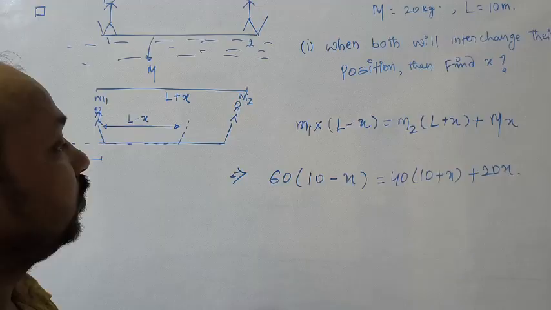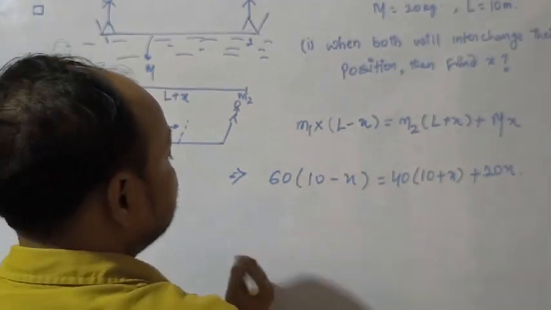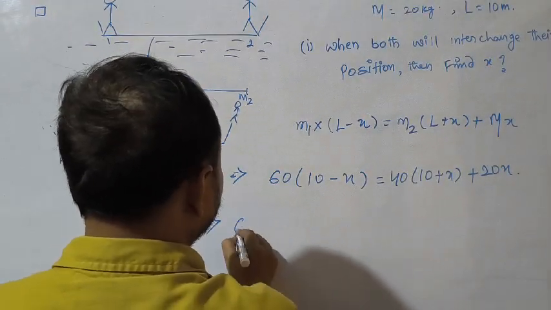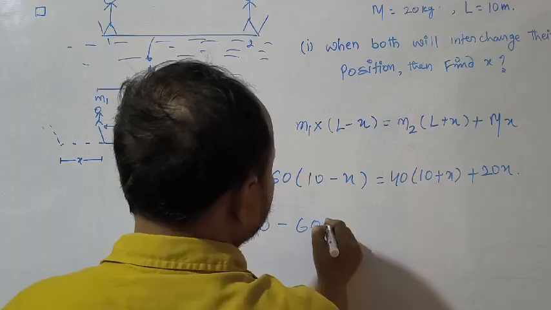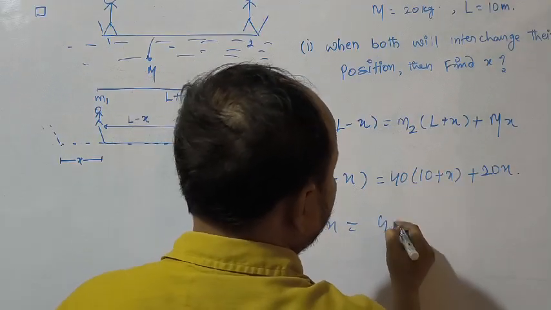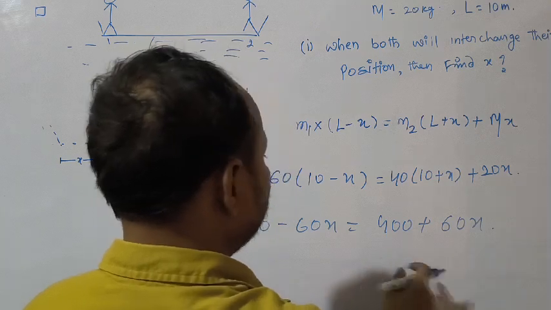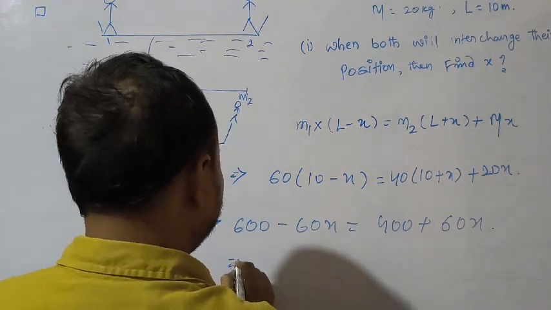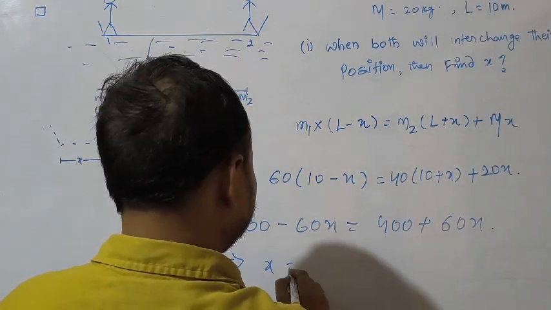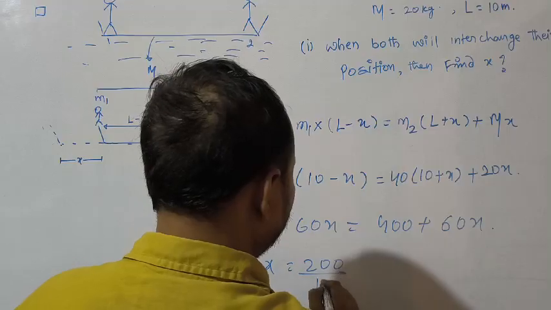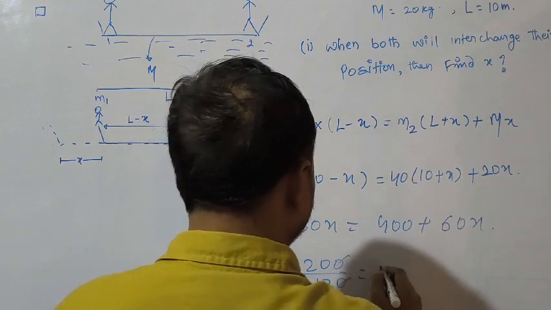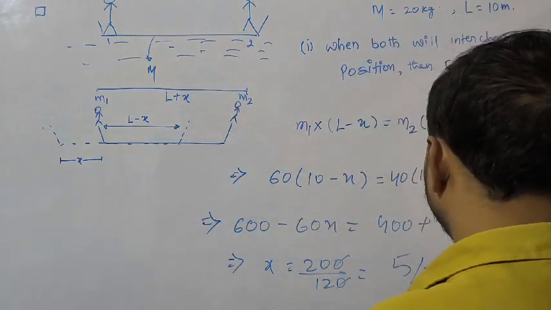Now evaluating, 600 minus 60x is equal to 400 plus 60x. So 60 plus 60 is 120, which implies x is equal to 200 upon 120, which is 5 by 3 meter.